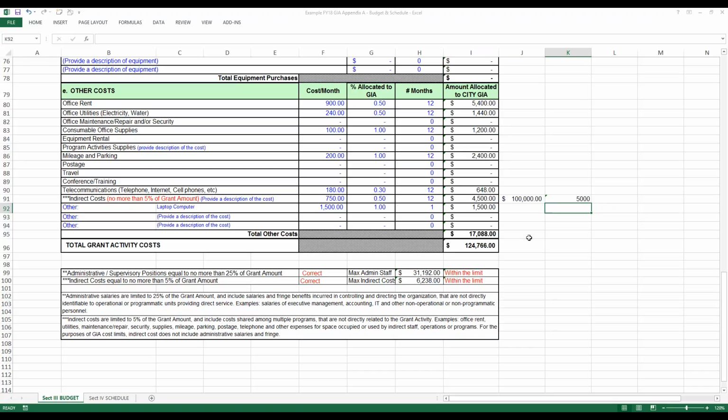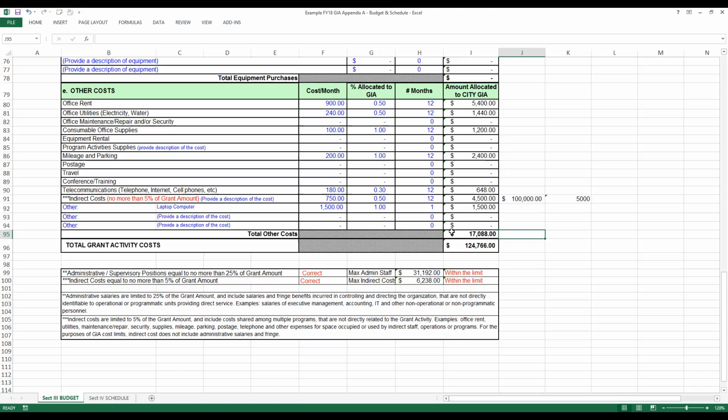And with this budget here as a sample, 124,766, the maximum cost that can be allocated to administrative positions is 31,192. And the same thing, they give you the maximum ceiling for indirect costs, 6,238.